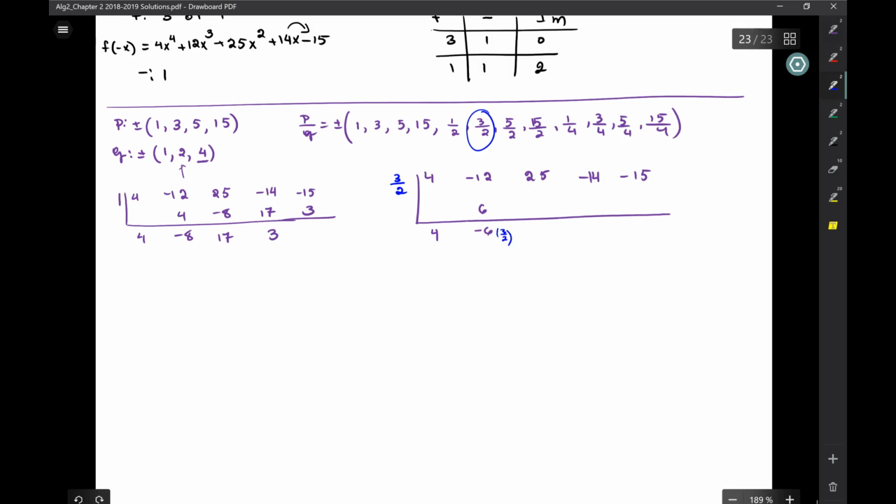How much is that? Negative 9. Then I get how much? 25 minus 9? 14. Times 3 over 2. What do you think? So what I do is, times 3 over 2, I do 14 over 2 first. 7 times 3, 21.